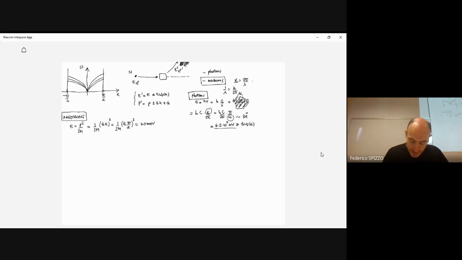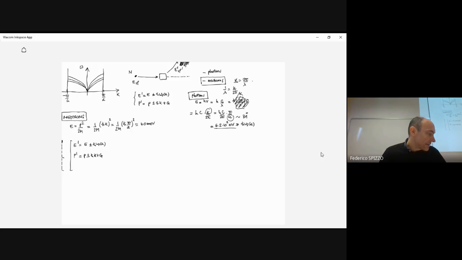So in this case, we have that E prime is the final energy for the neutron. So now we focus on neutrons. And again, P prime is P plus or minus h bar (K plus G).